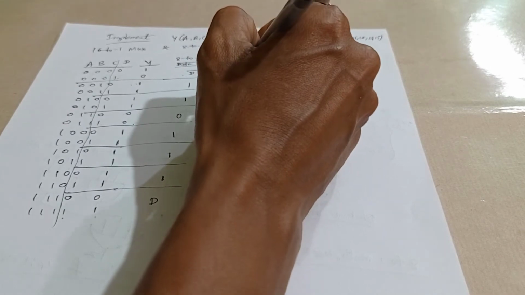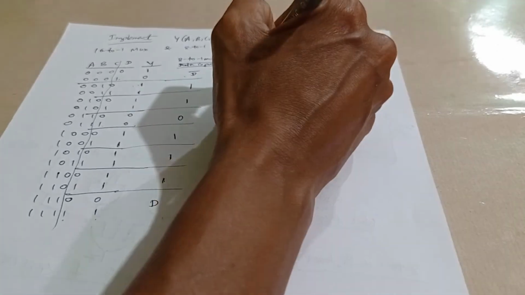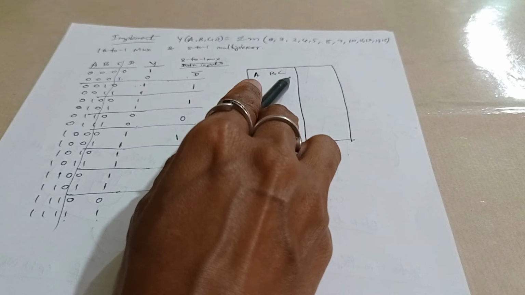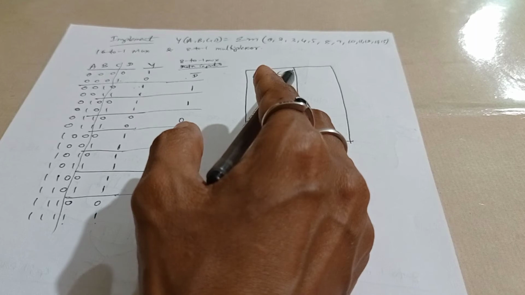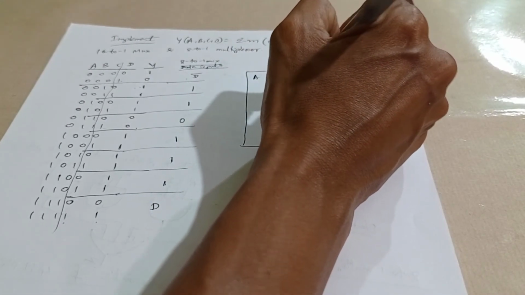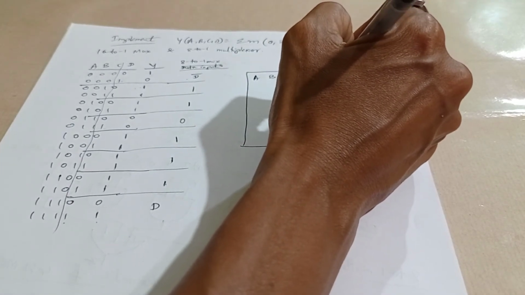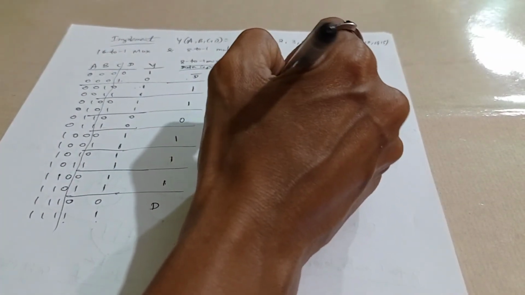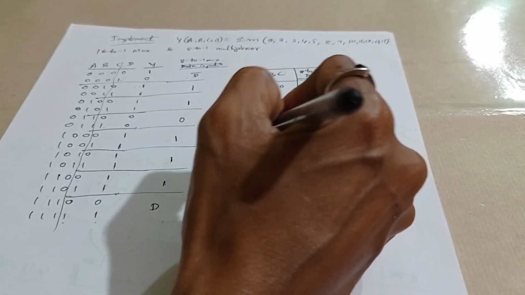Now we'll draw the 3-input truth table, that is A, B, C. The final output in terms of input D, that is the data inputs for the 8:1 multiplexer. We'll write the combinational values.